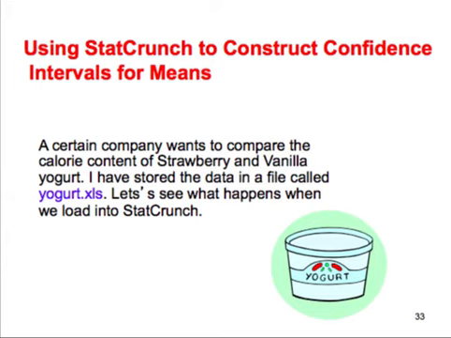For our last example, a certain company wants to compare the calorie content of strawberry and vanilla yogurt. I have stored this data in a file called yogurt.xls. It's an Excel file on my computer. Let's see what happens when we load that into StatCrunch.